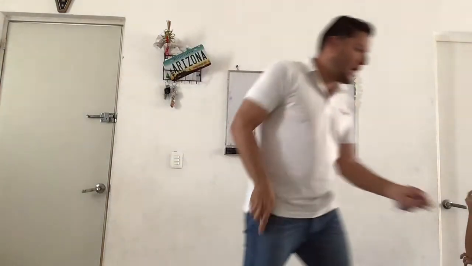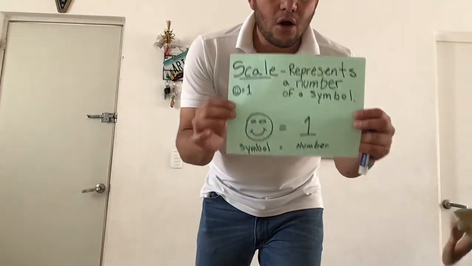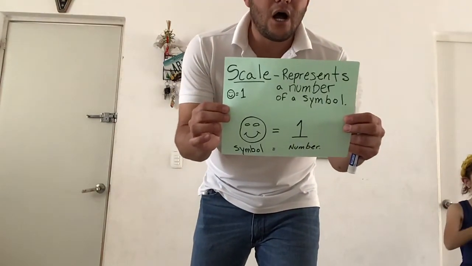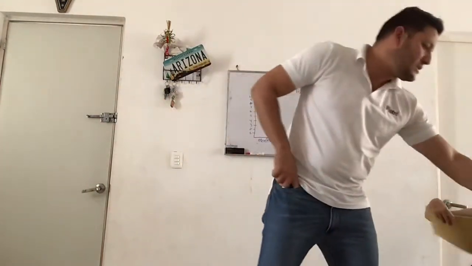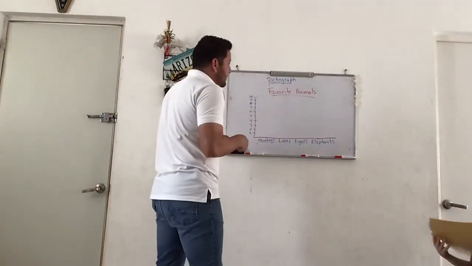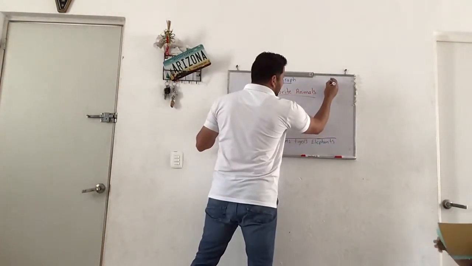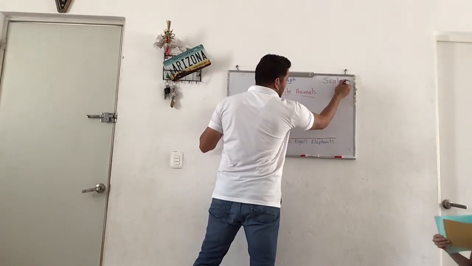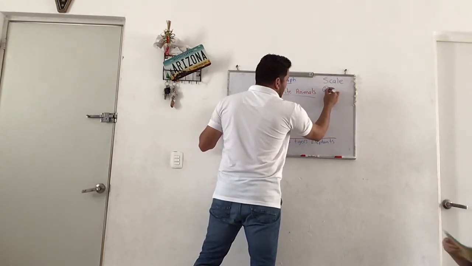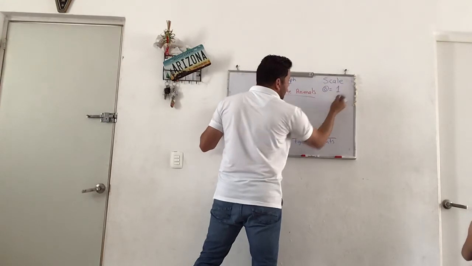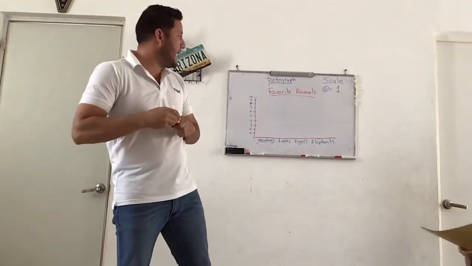So, attention, guys. What will be the scale of each of the numbers? The scale will be the smiley face scale, which equals 1 student. Okay?